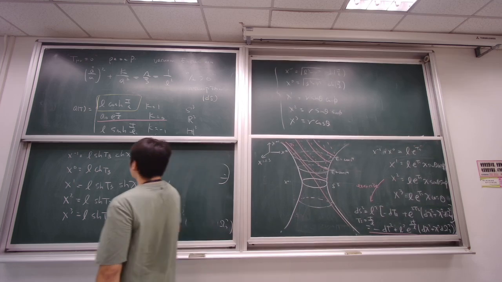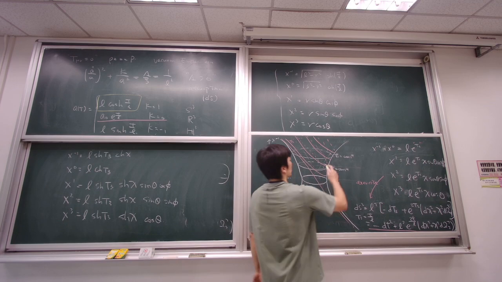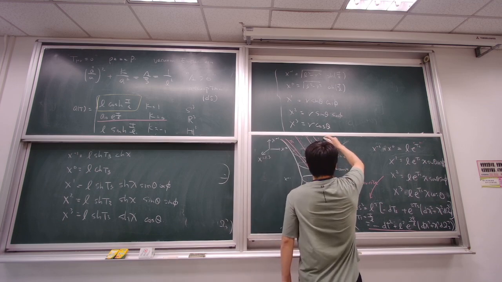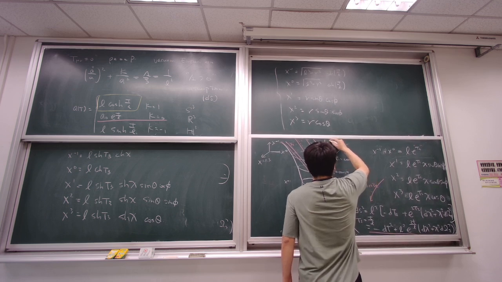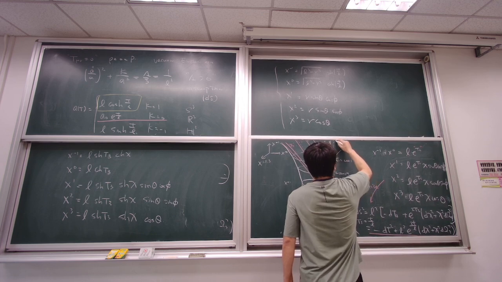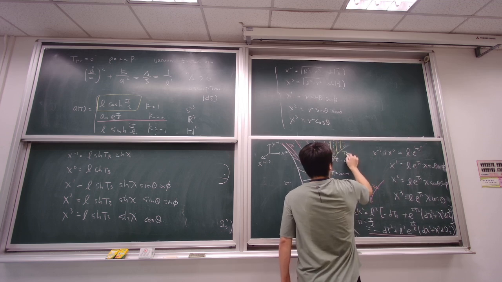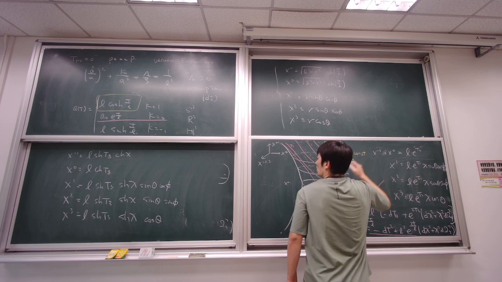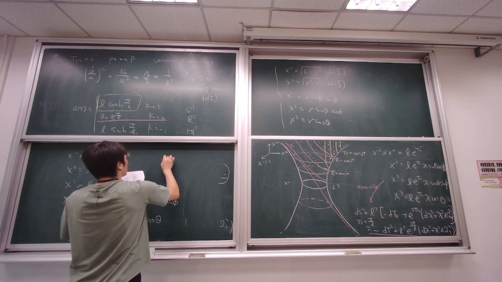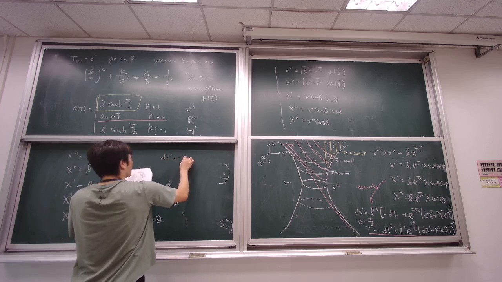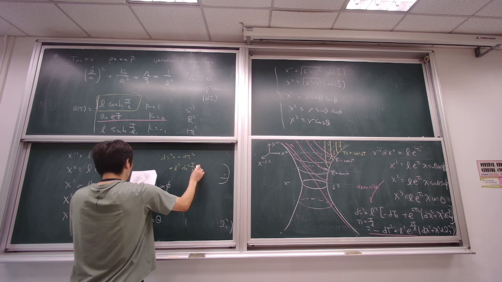Tau 3 constant means x0 is constant, which means something like this way. So these are special circles. Okay, so these are the tau 3 constant, and in this metric is exactly this guy.